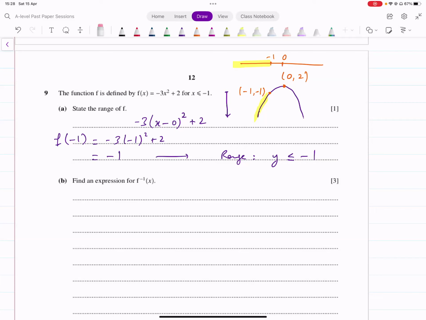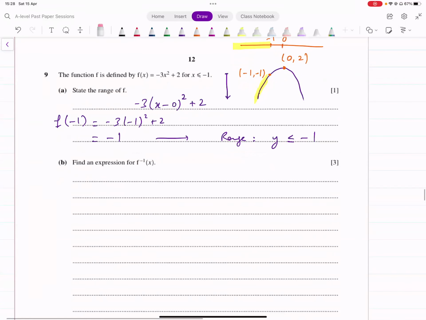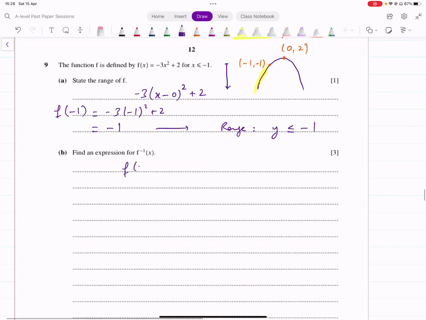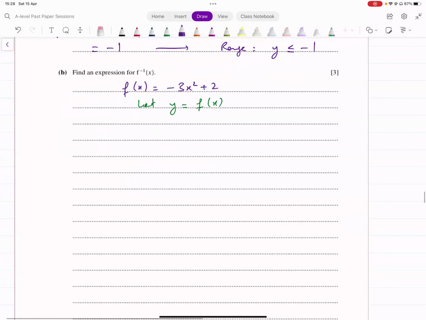Now the second part says find an expression for f inverse of x. Let's do that. We have f of x is equal to -3x squared + 2. Okay, क्या करेंगे सबसे पहले, we say let y equals f of x, and that gives us y equals -3x squared + 2. अब x को subject बनाना है.